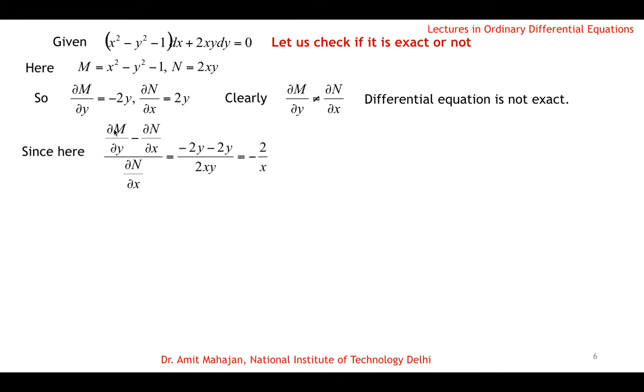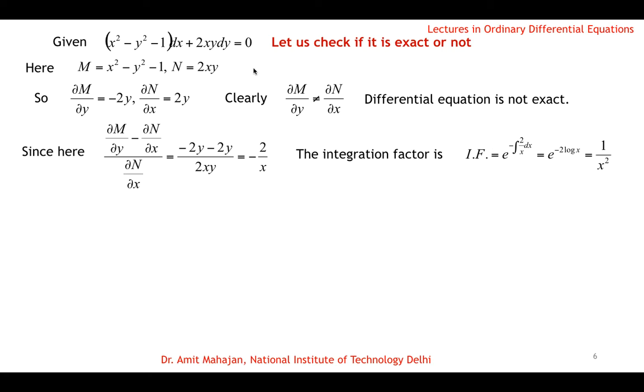Sorry, this should be divided by N only, not ∂N/∂x, which is 2xy. So this difference divided by N is a function of x only, so we can find the integrating factor as e raised to the power of the integral of this function dx. So the integrating factor is e raised to the power of the integral of −2/x dx, which immediately gives us 1/x² as the integrating factor.